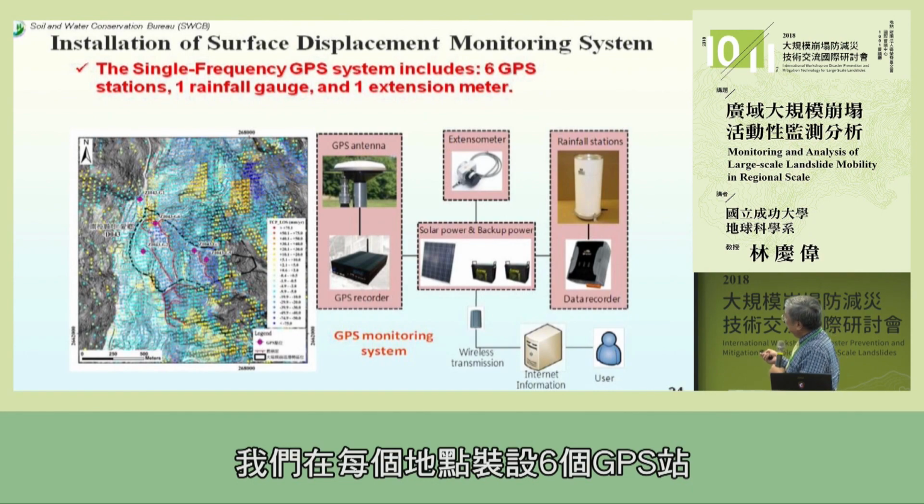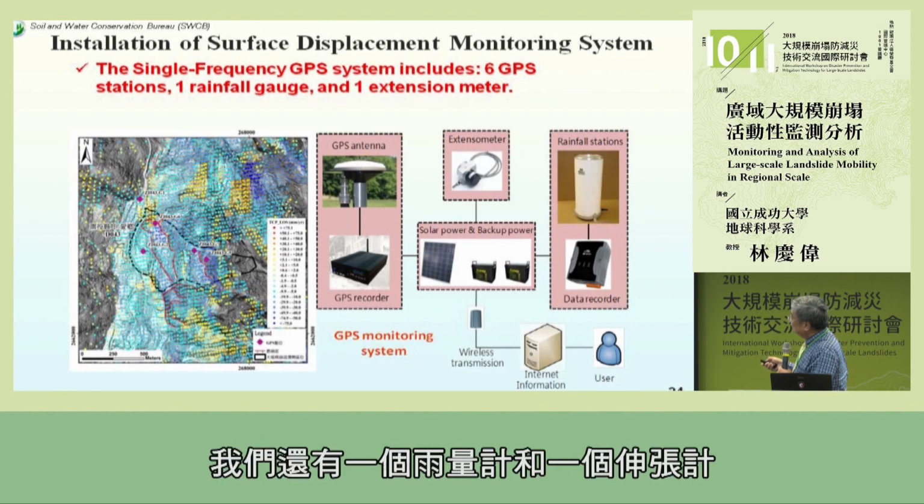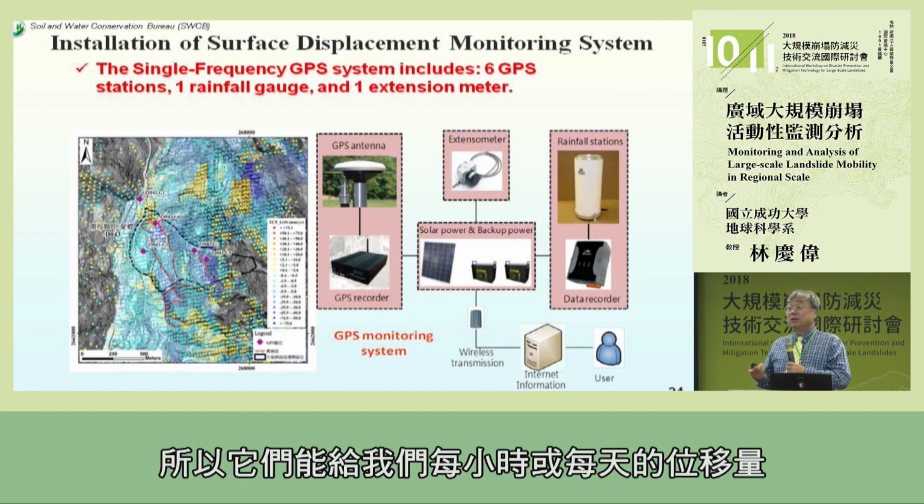For each site, we install 6 GPS stations, one for reference, and the other 5 are installed within the deep-seated landslide. We also have 1 rain gauge and 1 extensometer. With this recorded data, we calculate every hour or every day, so they can give us a 1-hour resolution or daily solution of displacement.